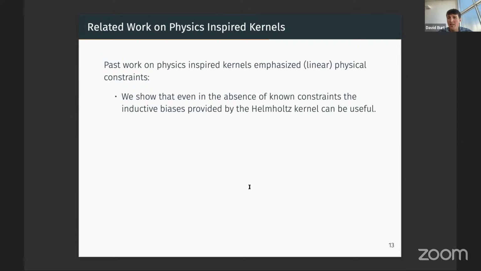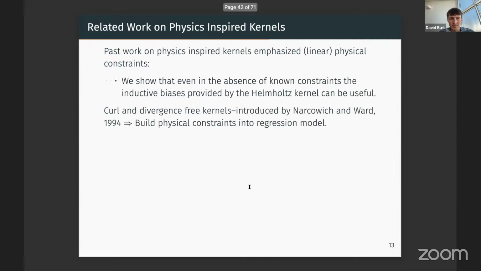So things like, the field that you're interpolating is curl-free or divergence-free, and you want to gain some efficiency by incorporating this into your model. And so one thing that we show is that even in the absence of these known physical constraints, the inductive biases provided by parameterizing our model in terms of a Helmholtz decomposition can be useful. And especially if we use maximum marginal likelihood to select parameters differently.